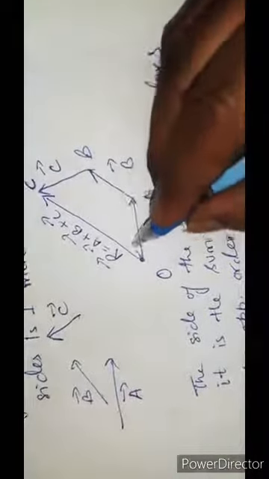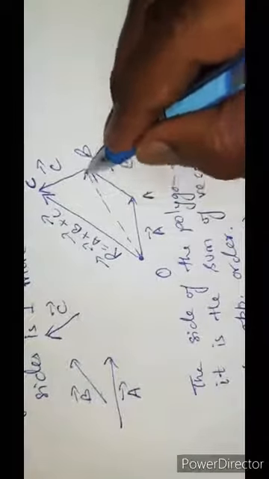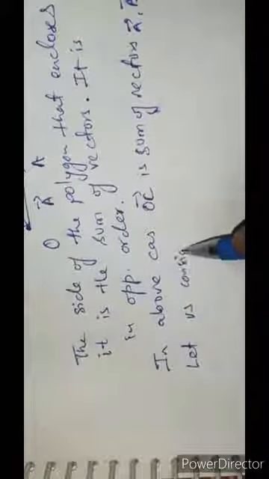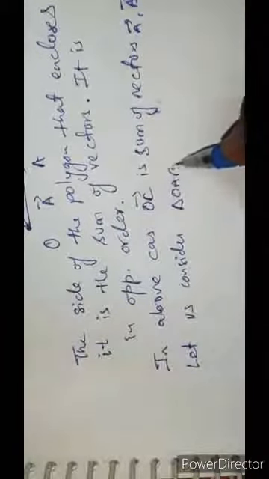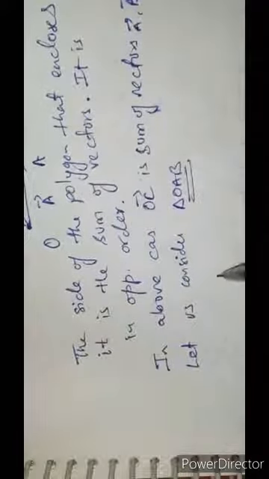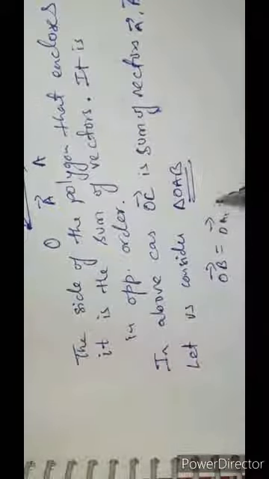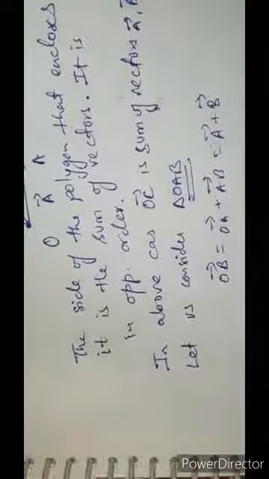Now, why is it so? First of all, we do one thing, we take triangle OAB. Let us consider triangle OAB. In triangle OAB, vector OB is equal to vector OA plus vector AB, that is equal to vector A plus vector B. It is same as triangle law of vector addition.